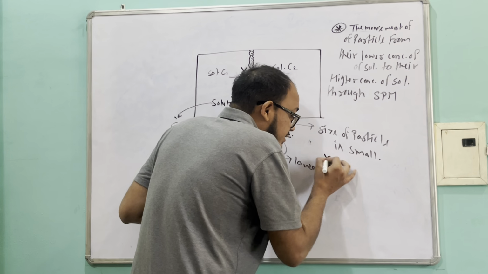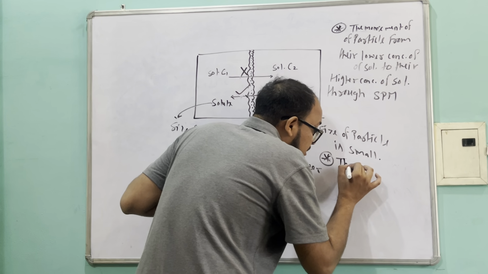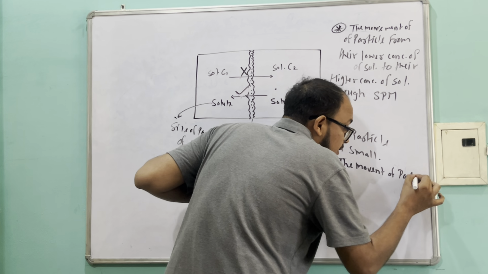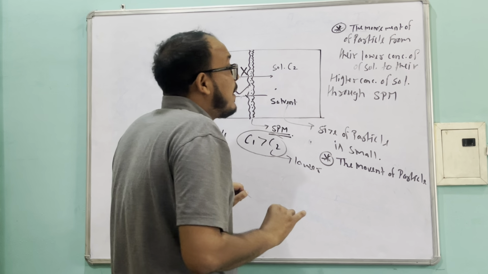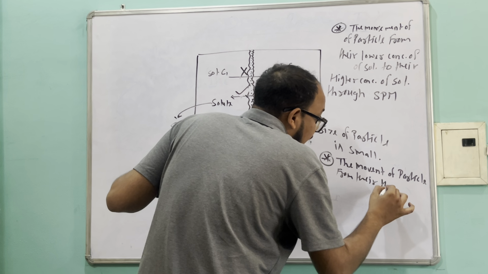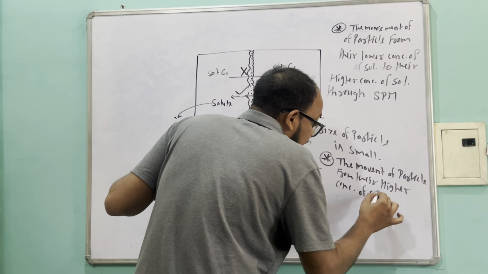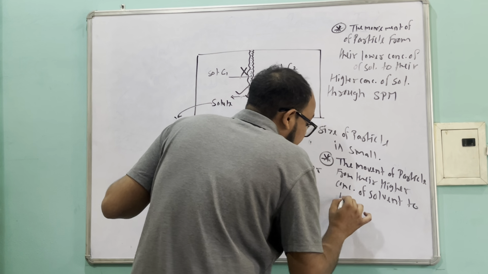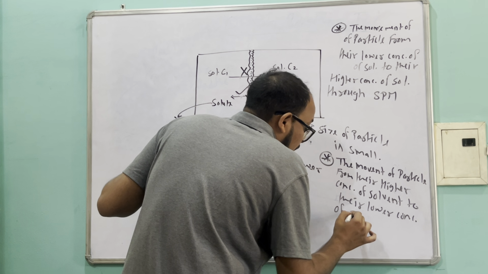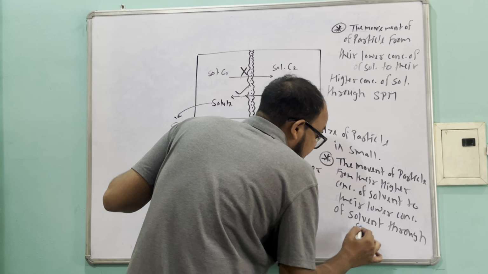Now we have discussed in terms of solute. In terms of solvent, there is another definition of osmosis: the movement of particles from their higher concentration of solvent to their lower concentration of solvent through SPM.